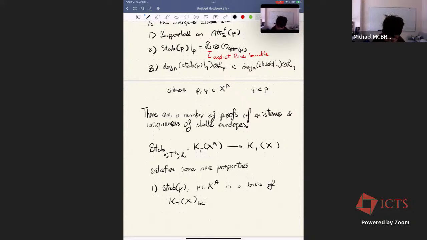You can think of these as Lagrangian classes, and so this gives you a nice, quote unquote, Lagrangian basis for the equivariant K-theory.